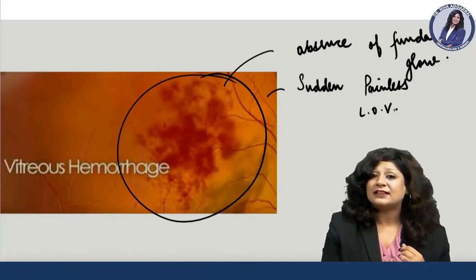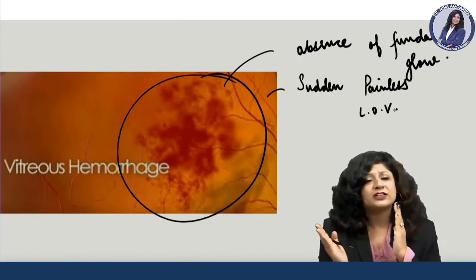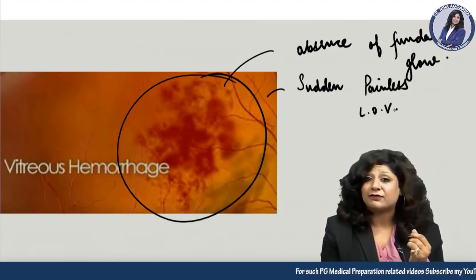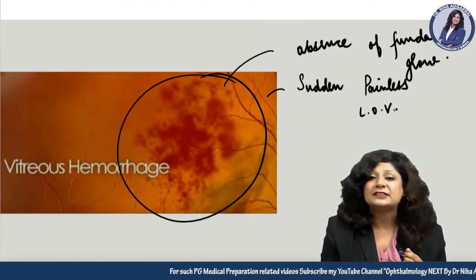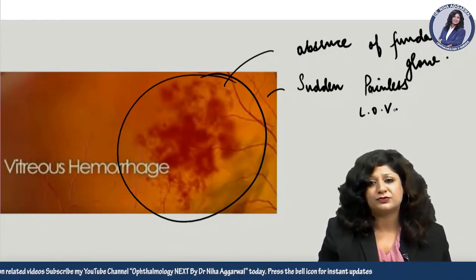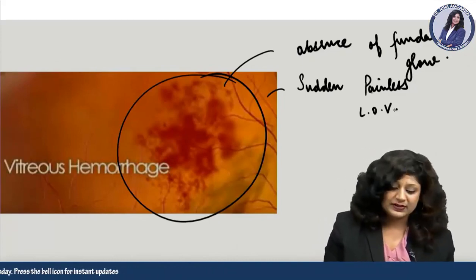So if you are getting sudden painless diminution of vision, the idea is more towards the posterior segment, and in the posterior segment, along with the absence of the fundal glow, this goes slightly more in favor of vitreous hemorrhage. Now quickly we will revise the important causes of vitreous hemorrhage.